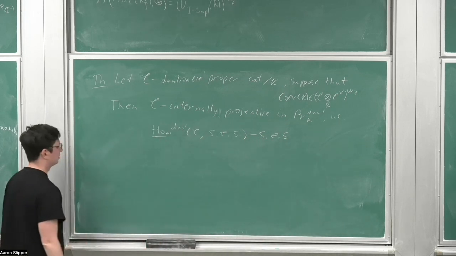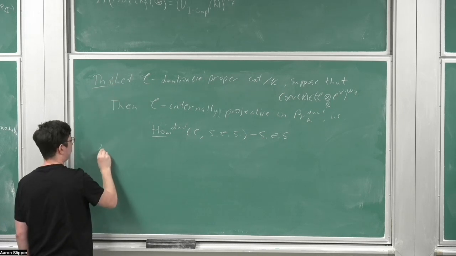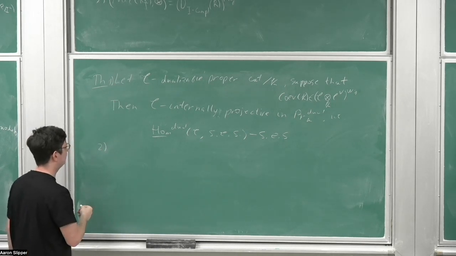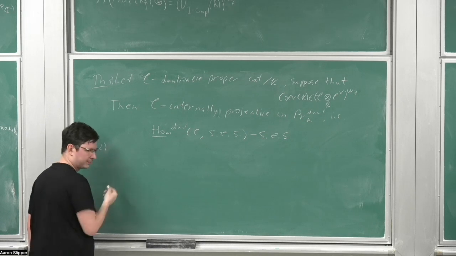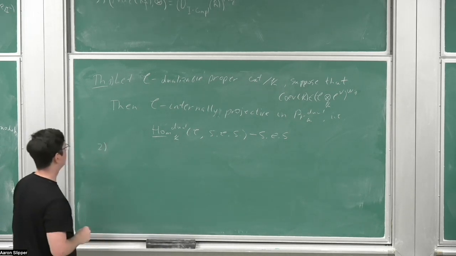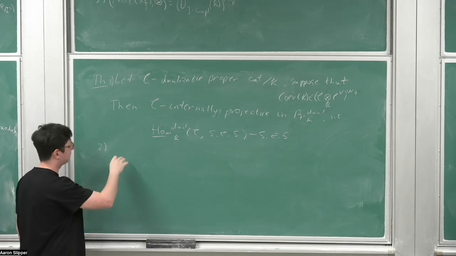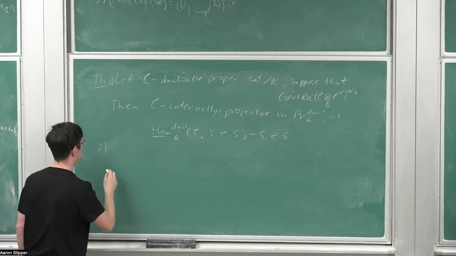And part one and part two is actually a corollary of this, but let's just restrict it to also K. And the second part, let's just formulate again for simplicity in the compactly generated case.